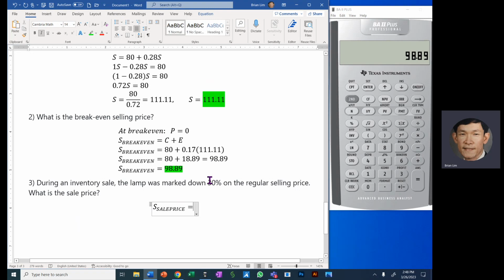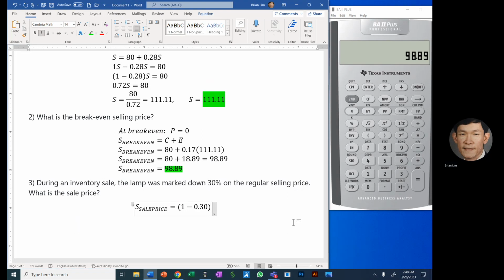Okay, so we could find 30% and subtract it, or we could go 1 minus 0.30, correct? Times the regular selling price, which is 111.11. Right, and that would give us what?